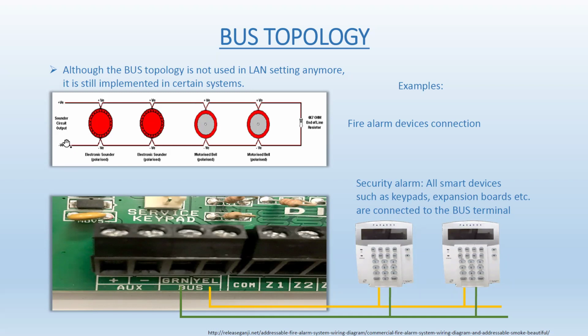How does that work? How is that zone being triggered? In fire alarms, things are kind of opposite than in security alarms. But let's take a look at the fire alarm first. A zone in a fire alarm is a loop. It's a closed loop. Those devices are normally open, so the zone doesn't even see them. These devices could be active or passive.